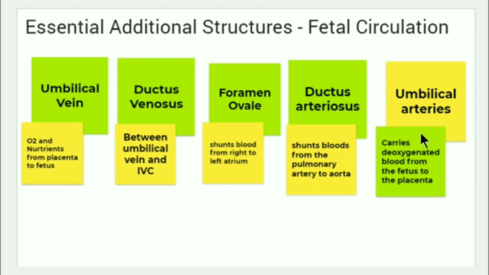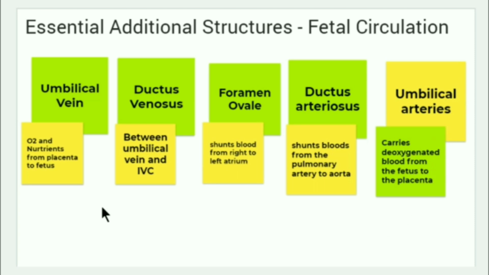Then the fifth important structure is the umbilical arteries. They originate from the internal iliac arteries and carry deoxygenated blood from the fetus to the placenta.